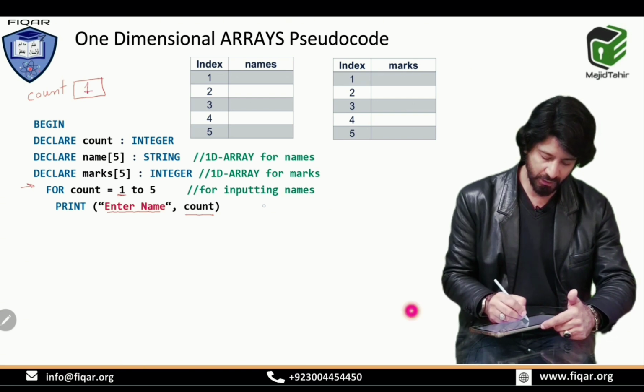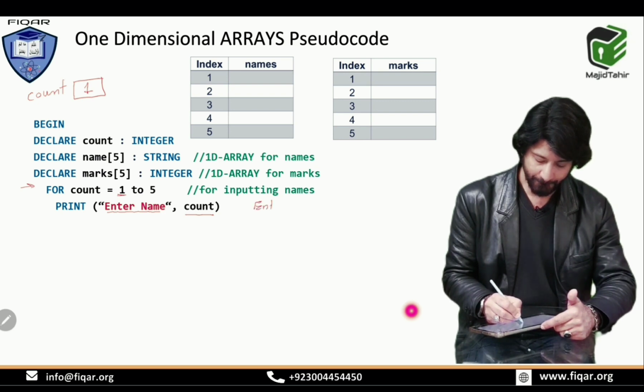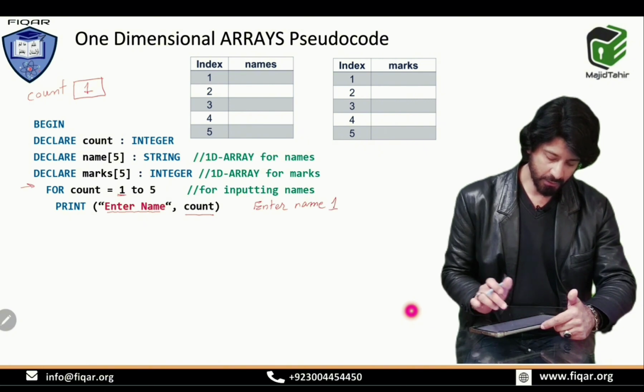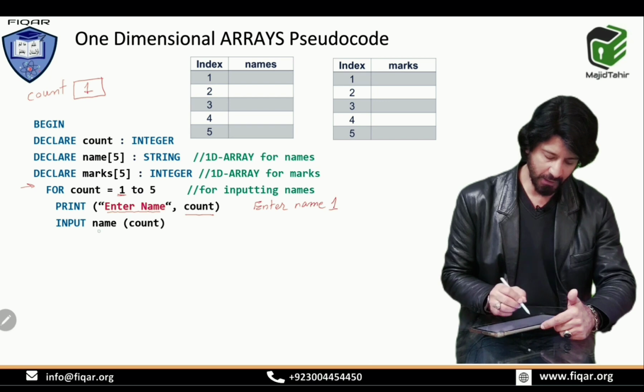On your output screen it will be written enter name 1 because count is initially 1, and whatever you enter goes into name count. So name count basically is name 1 because count is initially 1.